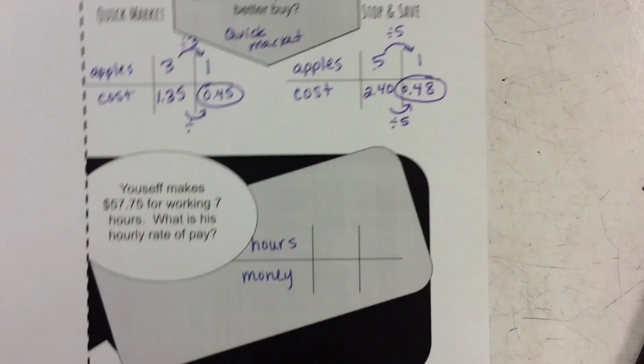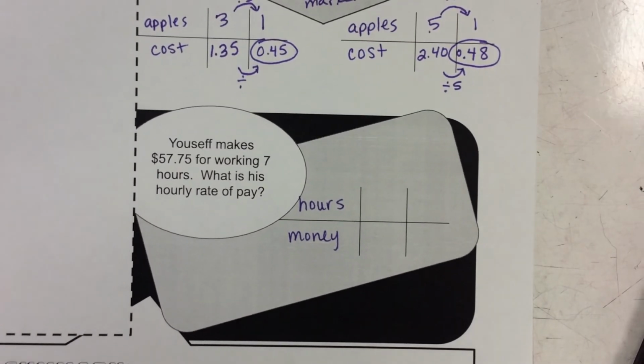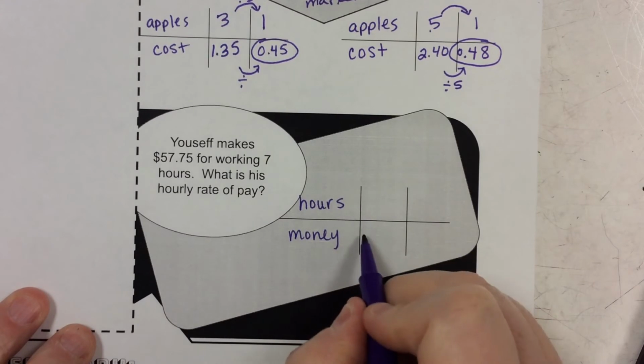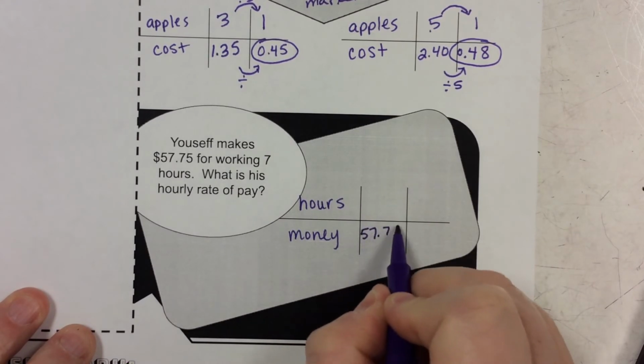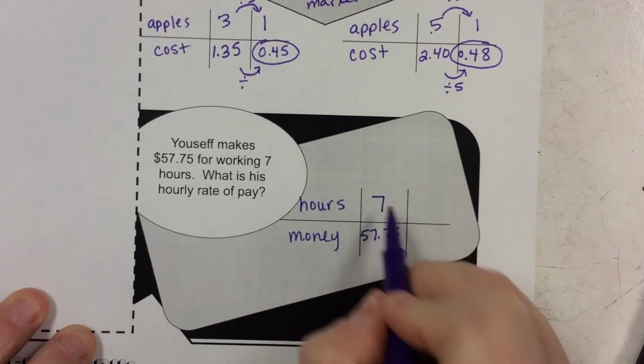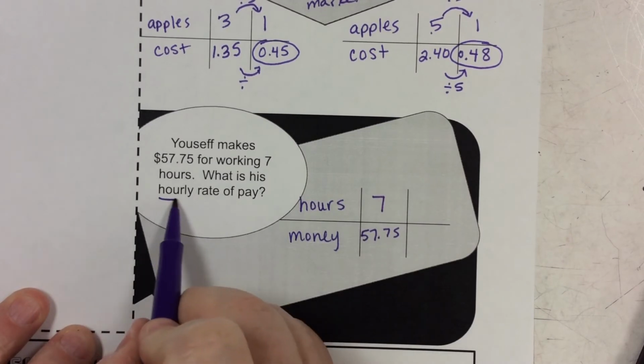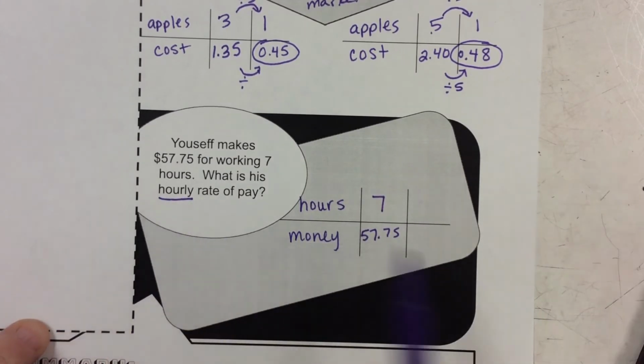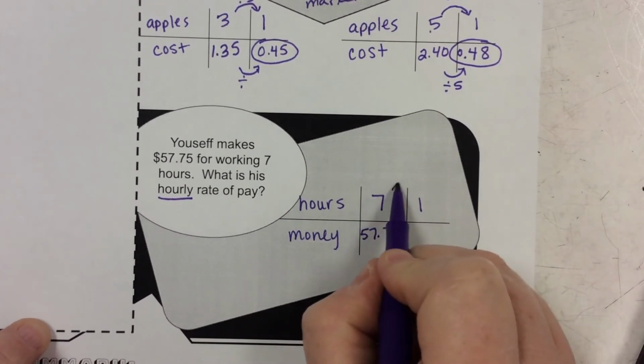Okay, right here, another way of looking at unit rate is your hourly rate of pay. Okay, so Yusuf makes $57.75 for working 7 hours. So what is his hourly rate of pay? Hourly means per hour, for 1 hour. So how do I get from 7 hours to 1 hour?